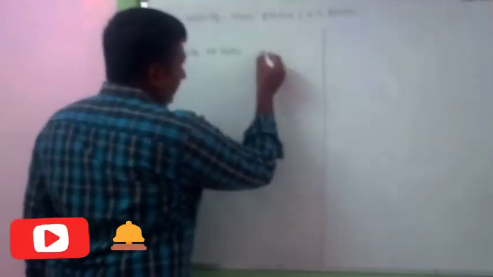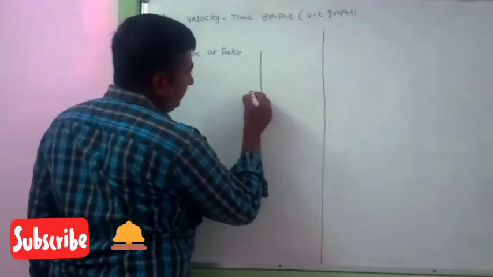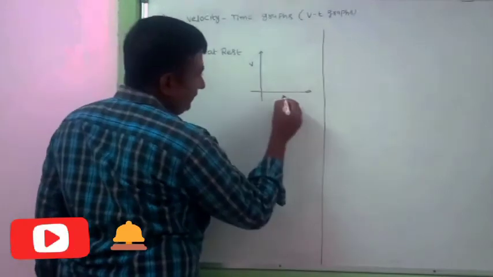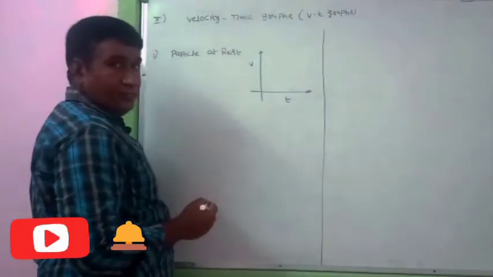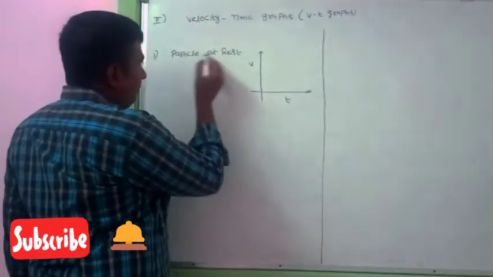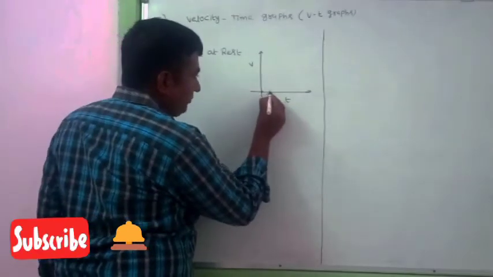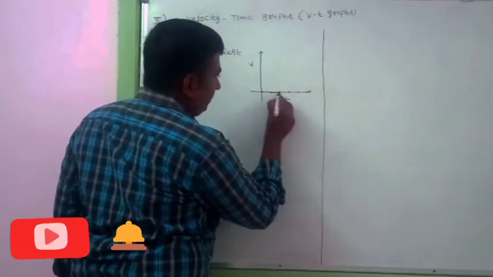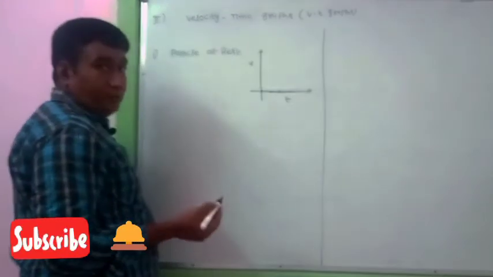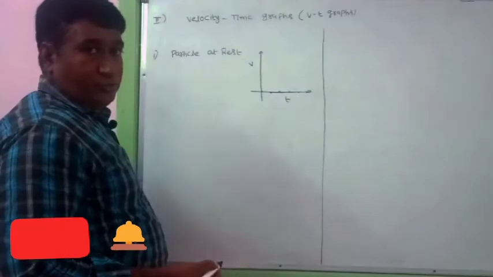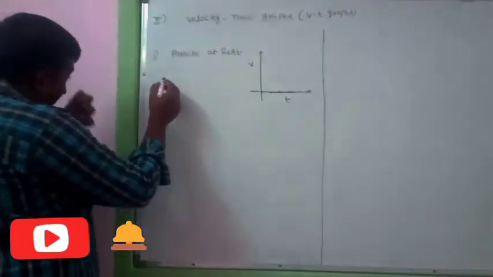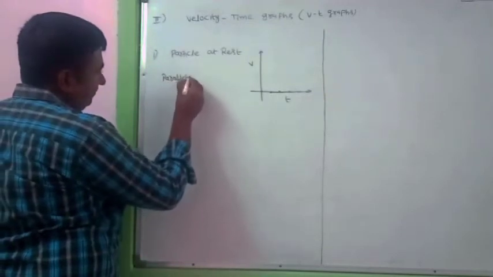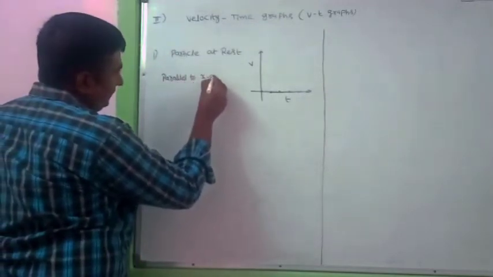So here also, in the velocity time graph we are going to take velocity on the y-axis and time on the x-axis. When the particle is at rest, velocity will be 0, 0, 0, 0. If you combine all this, time will vary, but velocity will be equal to 0. That is, it is parallel to the x-axis.